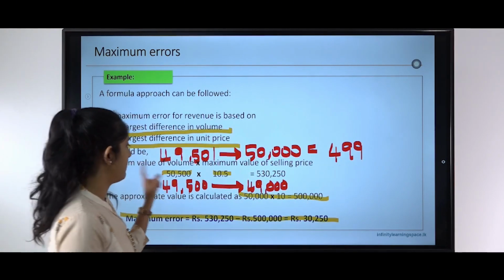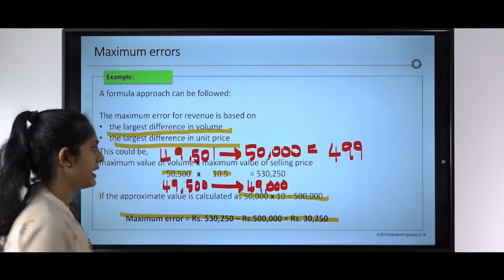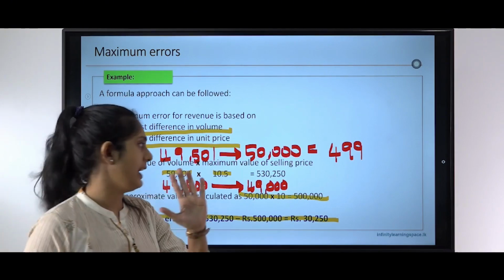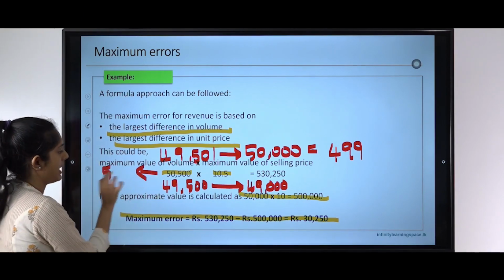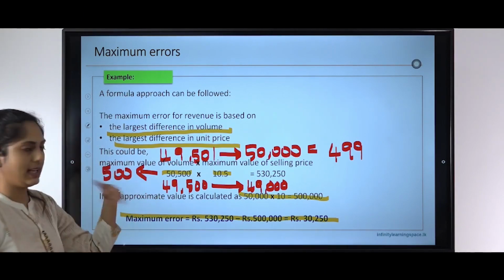But the gap between 50,500 and 50,000 is 500, right? So the gap is bigger with this. So this is a gap of 500. That's why you choose the higher level.